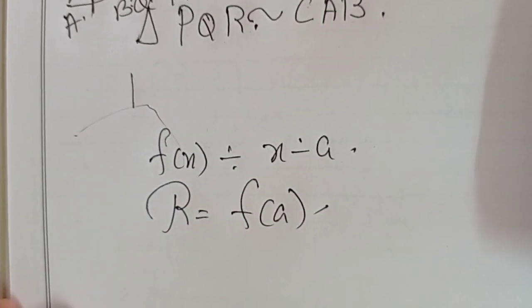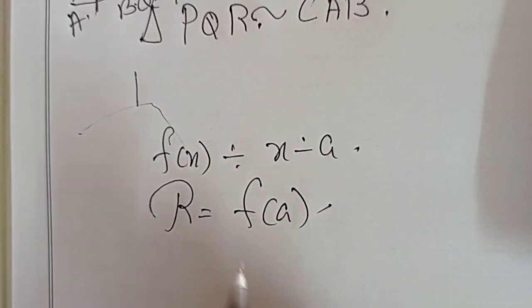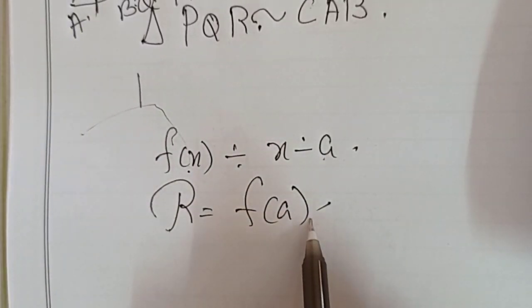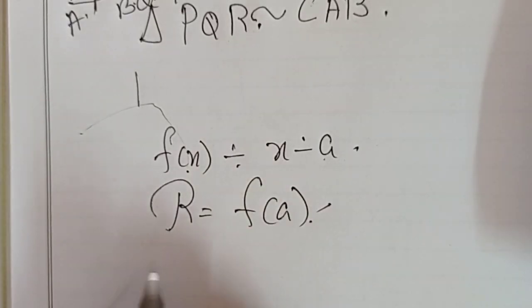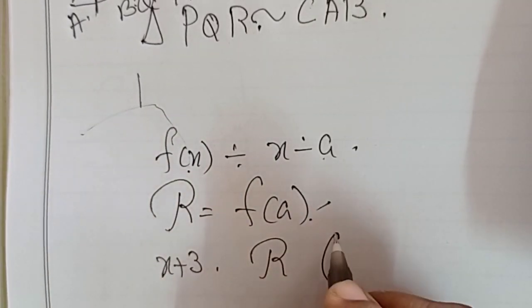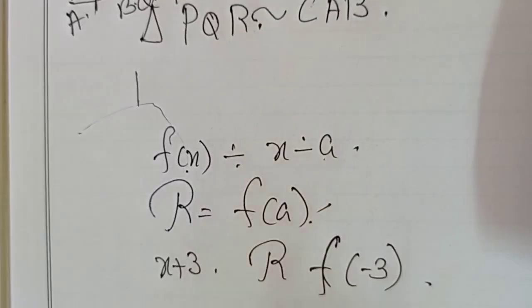That is the remainder theorem. Here the remainder is 5 and it is divided by x plus 3, so the remainder is f of minus 3. Note down that point.